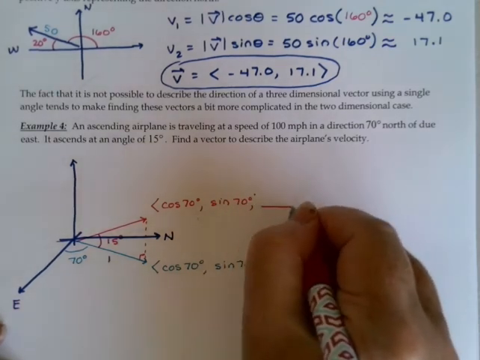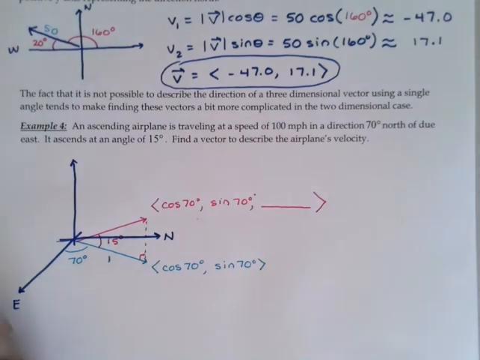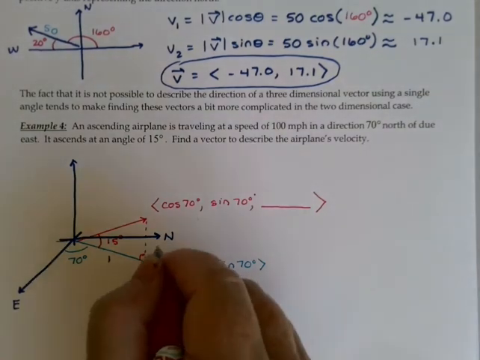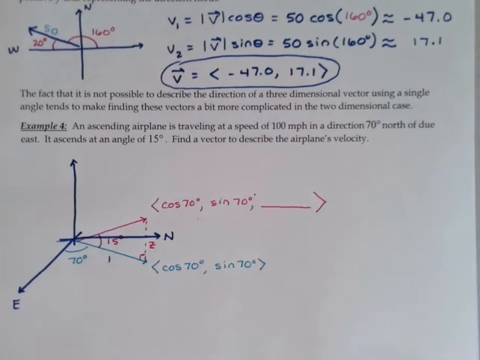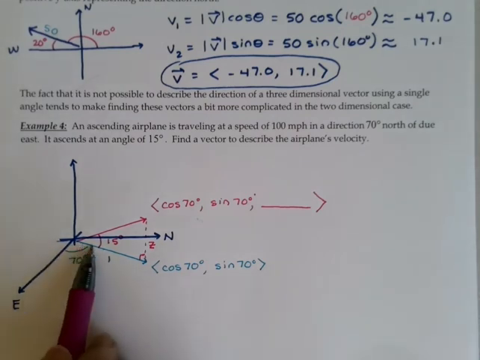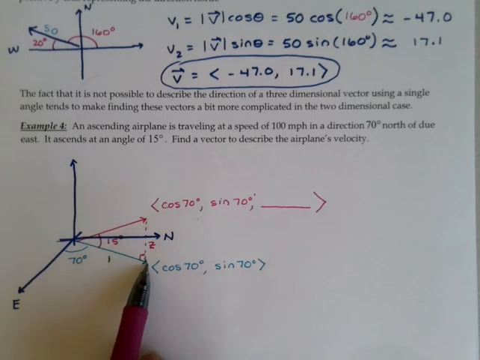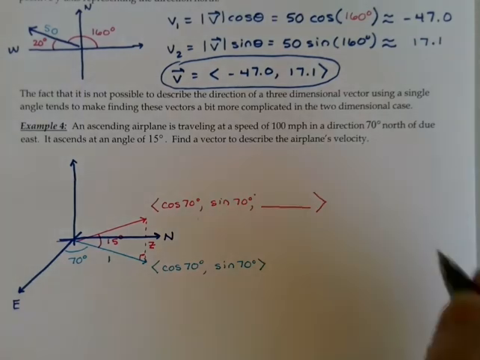But I do need a z value to go with this. So z, this vertical here, is what I'm going to need to figure out. And again, I'm just going to use a little bit of trig to do that. Since this is 1 and this is z, that from 15 degrees would be opposite and adjacent. So I'm going to be able to say that the tangent of 15 degrees is equal to z over 1.